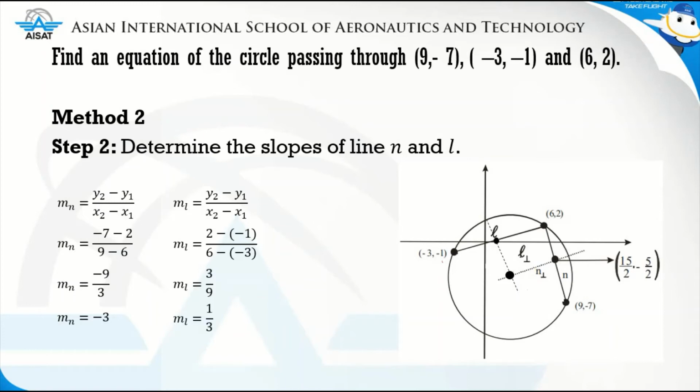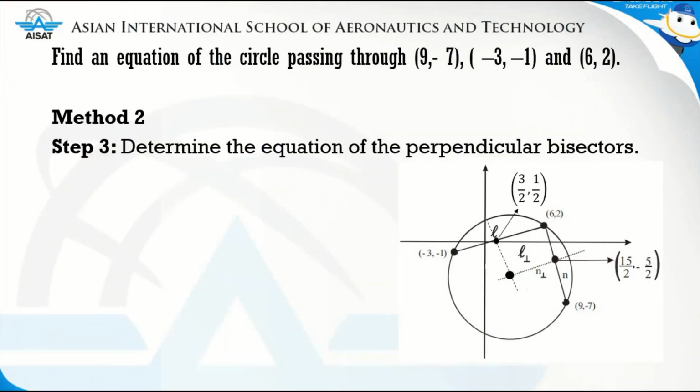Now that we have the slope of the two lines, let's proceed to step 3. For step 3, we are going to determine the equation of the perpendicular bisectors. The perpendicular bisectors are shown on our illustration as broken lines.